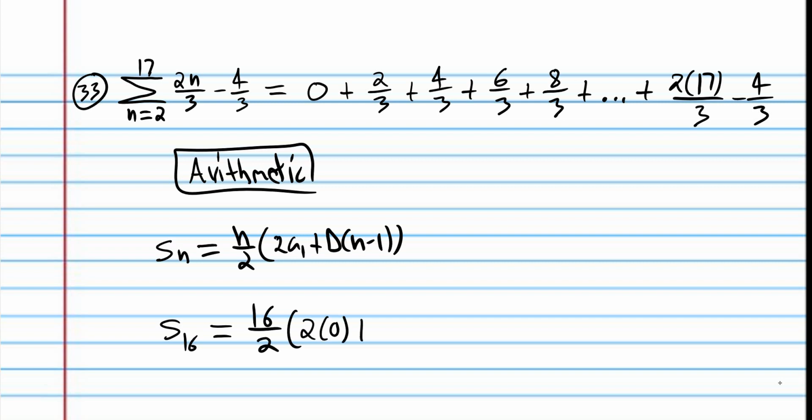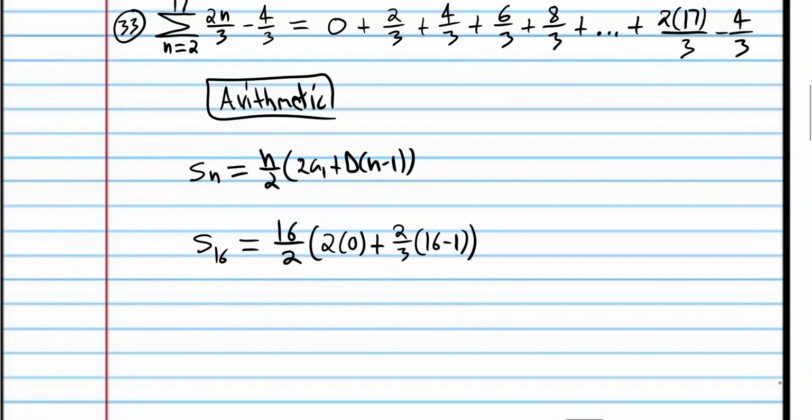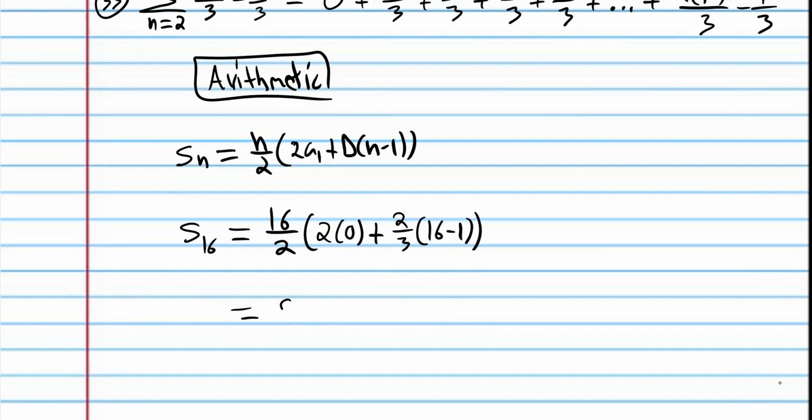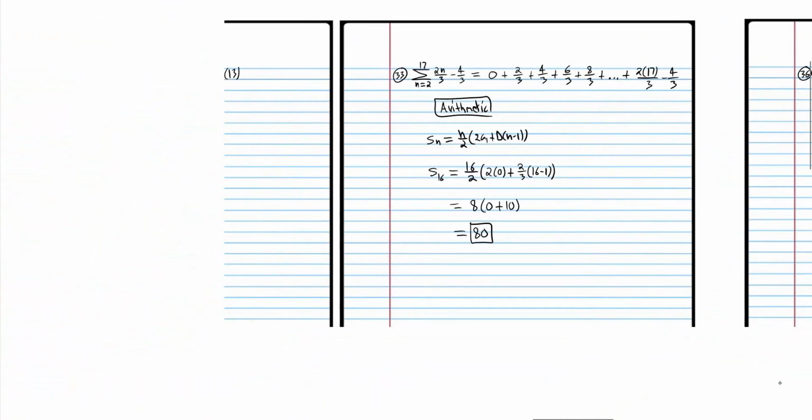And again, the first term is 0. The common difference is 2/3. We have 16 minus 1. So then we have 8 times 0 plus 10. And that's going to be a total of 80. So if you got that right, perfect.